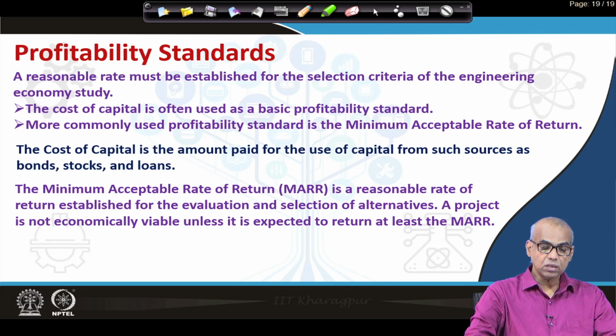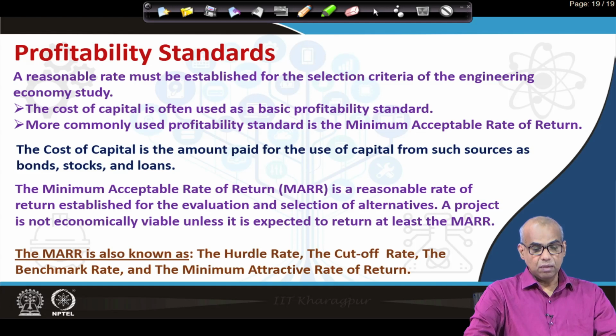A project is not economically viable unless it is expected to return at least the minimum acceptable rate of return. The minimum acceptable rate of return is also known as the hurdle rate, the cutoff rate, the benchmark rate and the minimum attractive rate of return. So, all these are synonymous.